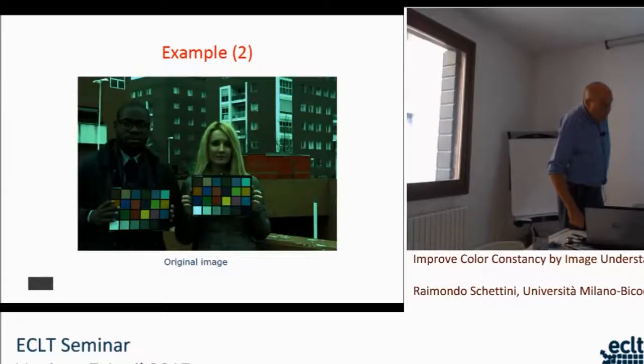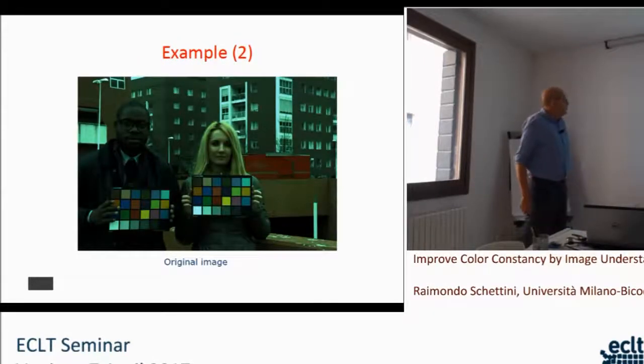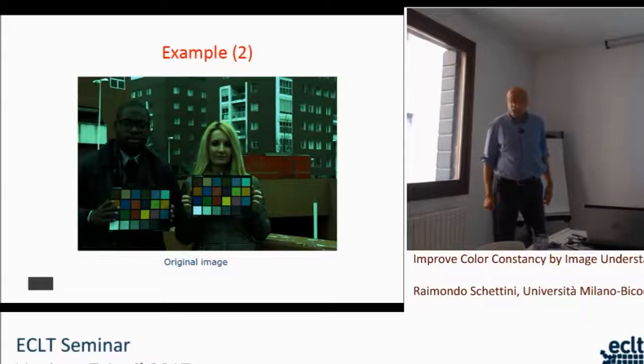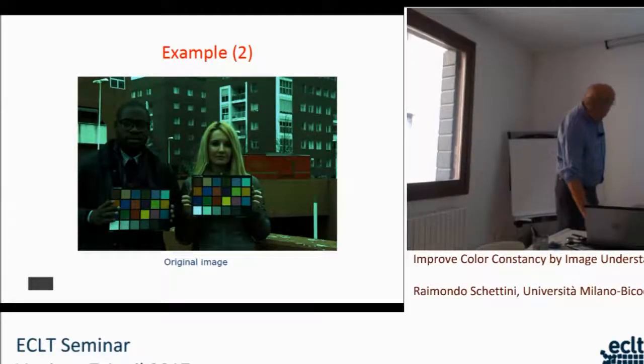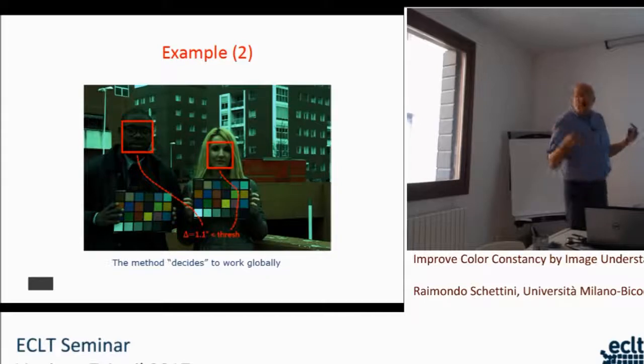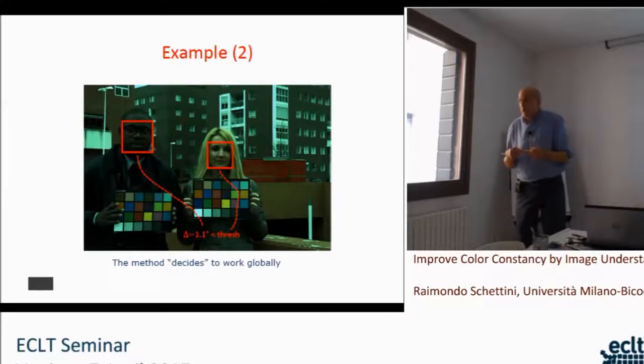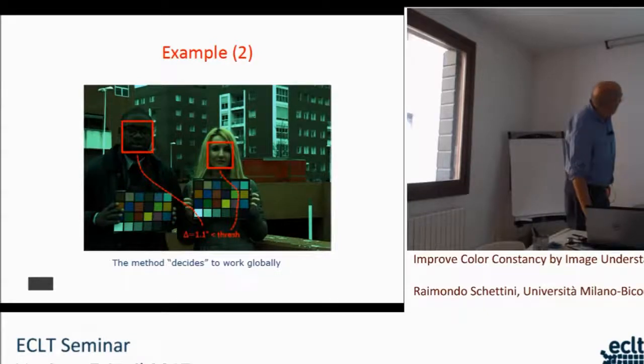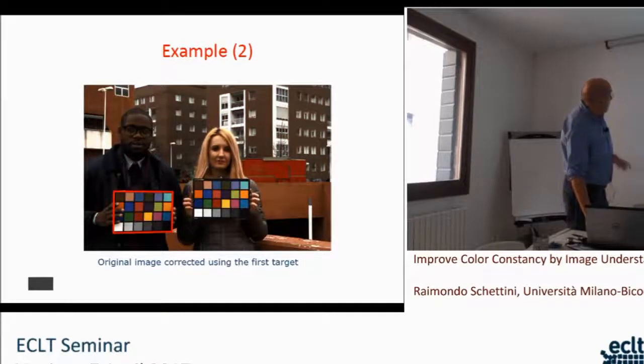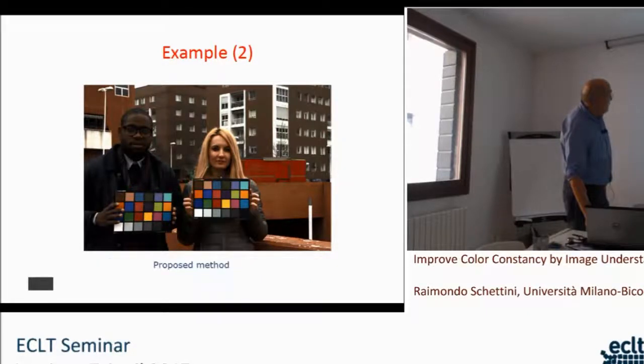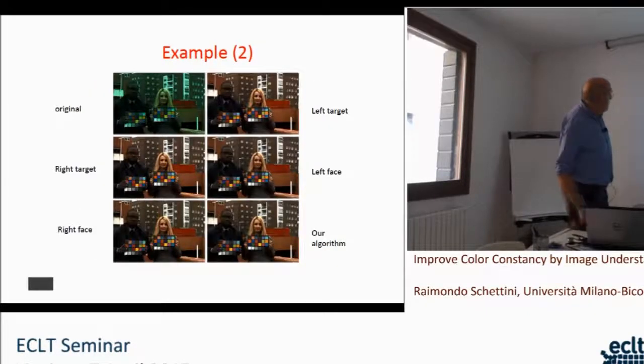This is another nice example. Two students were from Bicocca. The difference in chromaticity is small because it's just in chromaticity. So global transformation. Using the first target, using the second one, proposed method, left face, right face.